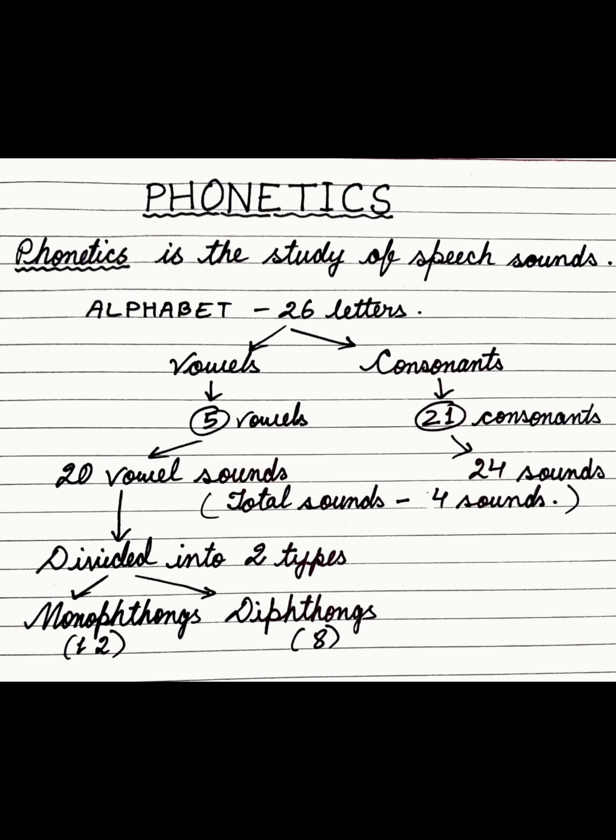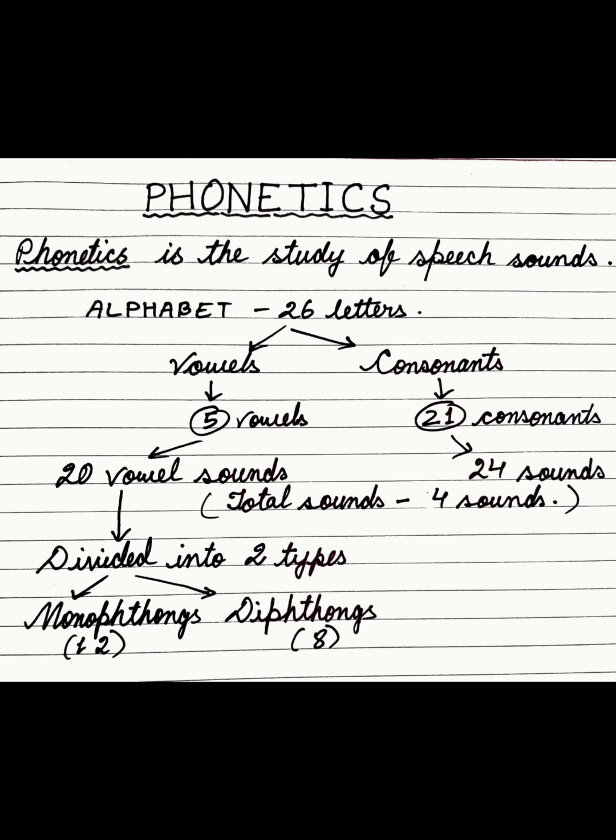There are 8 diphthongs. So, remember, di means 2. Diphthong means a gliding vowel sound, and therefore 12 monophthongs plus 8 diphthongs is equal to how many vowel sounds? 20 vowel sounds.